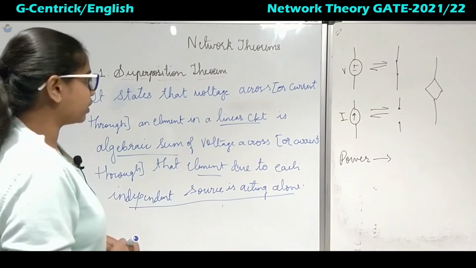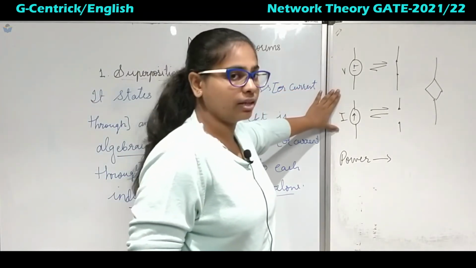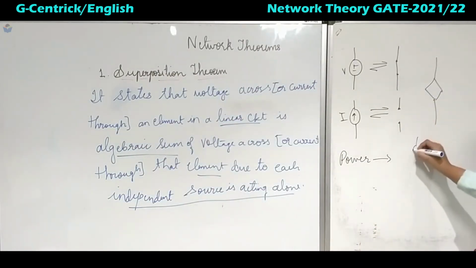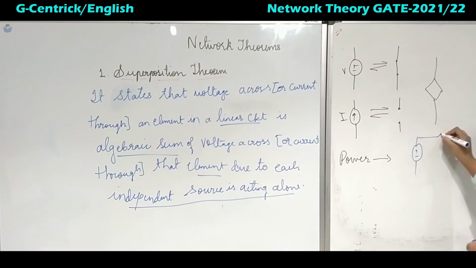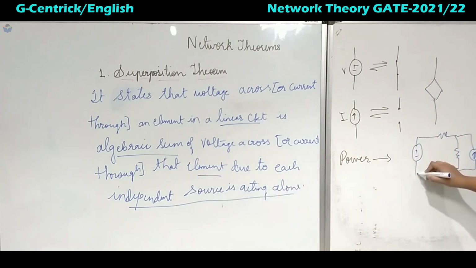Now consider a circuit with a voltage source and a current source. We have got two independent sources. Keep in mind they are independent sources, not dependent. So we have one voltage source and one current source.